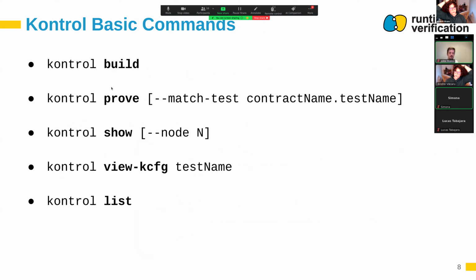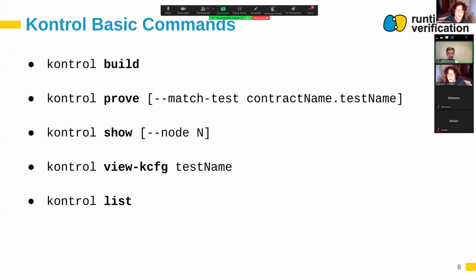So yeah, now about Kontrol. I said earlier that it's similar to Foundry, and this is a list of the initial commands that you can use. You have kontrol build, which basically runs the same as forge build, and it compiles the Solidity code, and then it generates the specifications for each contract and each test using the K framework.